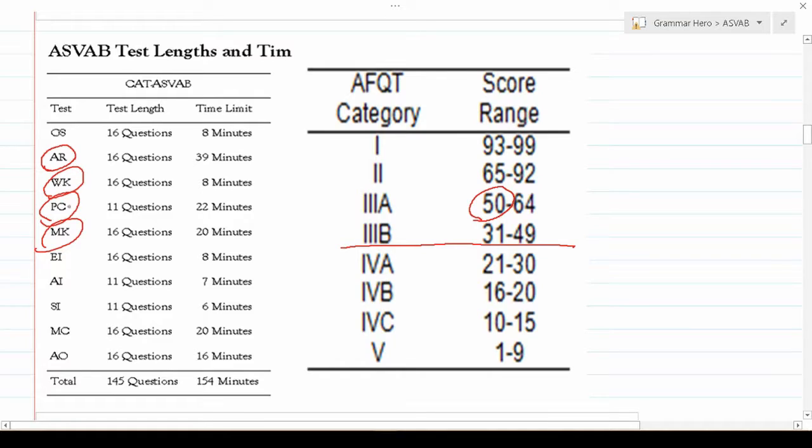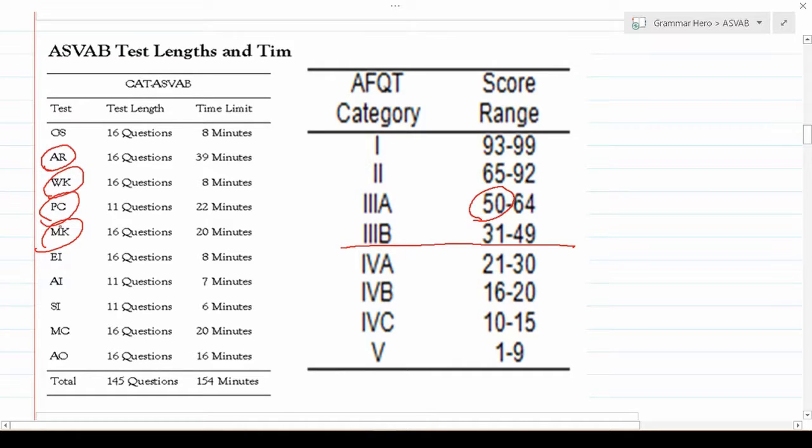Your scores on these 4 subtests are put in a formula, and that's how your AFQT score is calculated. So again, focus your efforts on these 4 sections. If you do well on these 4 sections, everything else should fall into place. So all that said, let's go ahead and get started with today's guided practice.